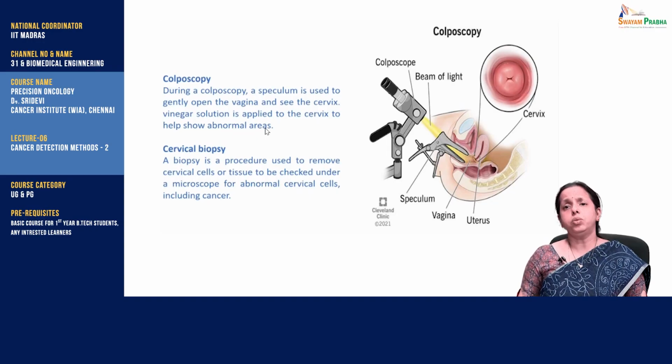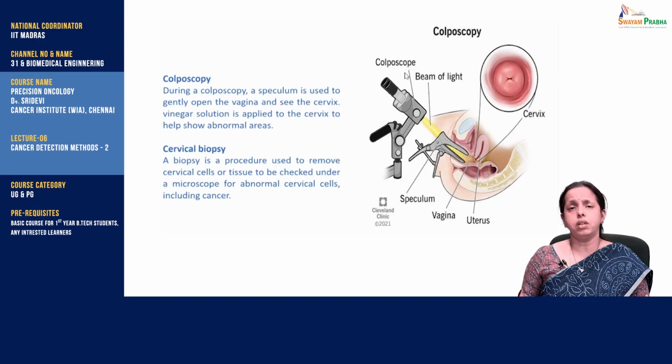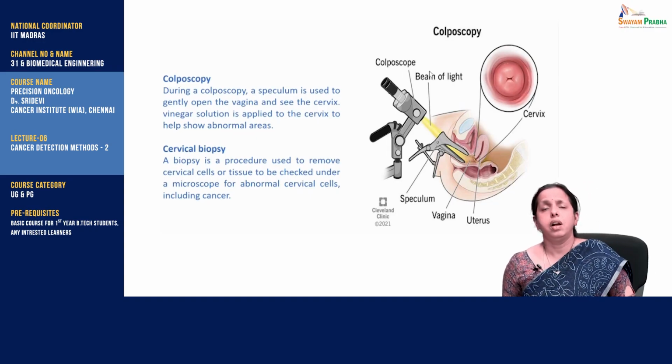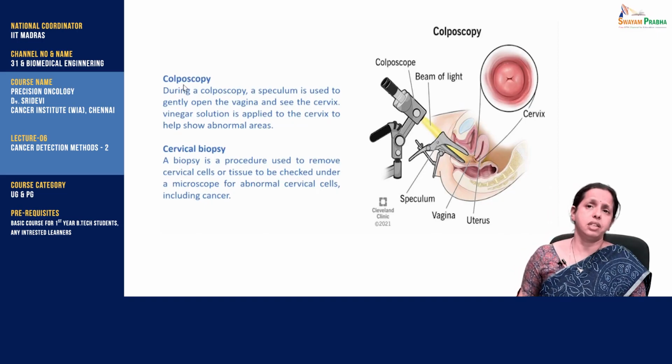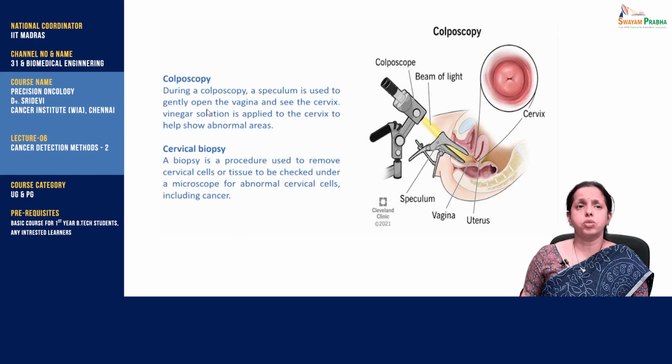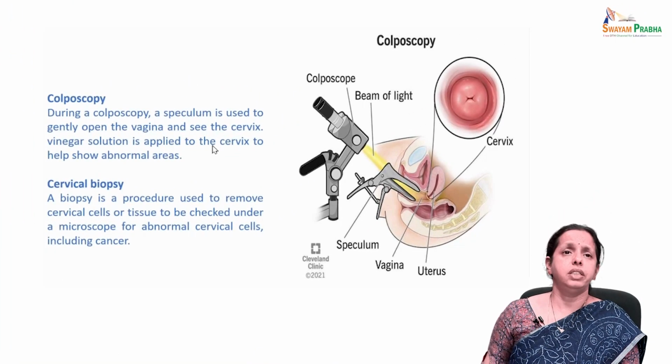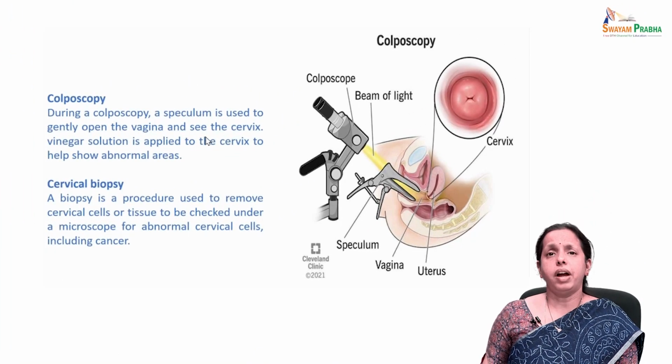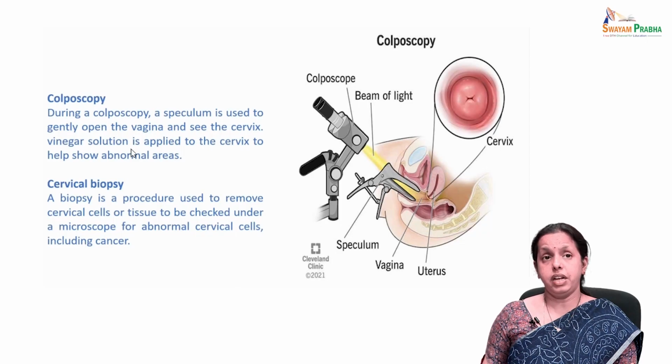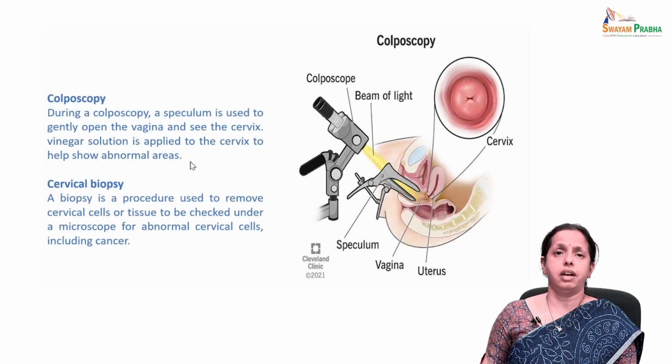One more important tool for screening of cervical cancer is colposcopy, where a speculum is used to gently open the vagina and see the cervix. A white vinegar or acetic acid solution is applied to the cervix to show abnormal areas.